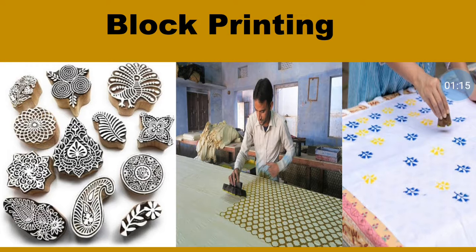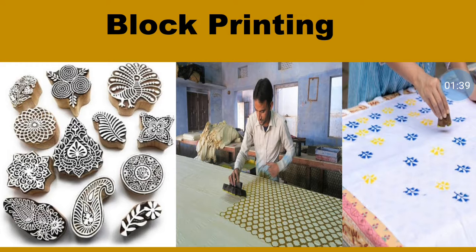It requires intensive labor, is time consuming and requires a tremendous level of skill. It is usually done on linen, cotton and silk fabric. It is the simplest of the printing methods and no special printing equipment is required.